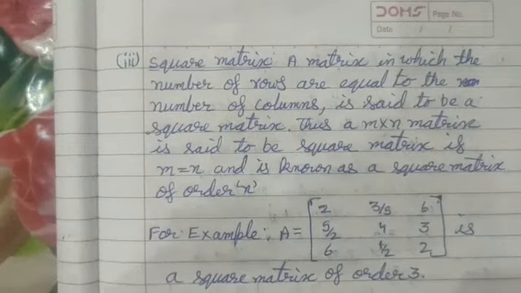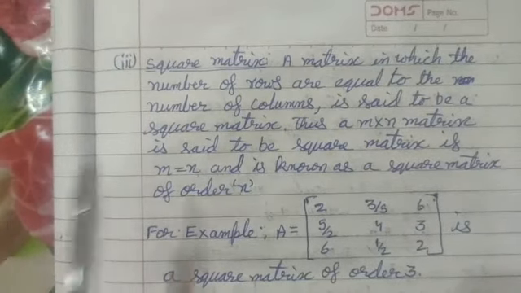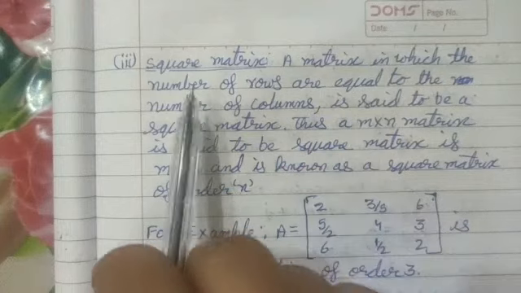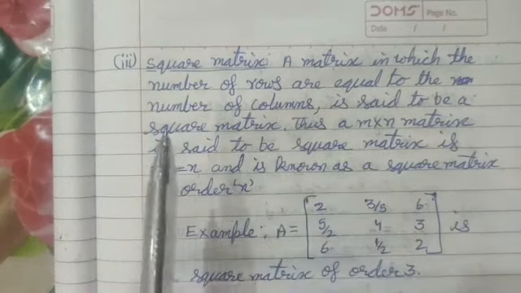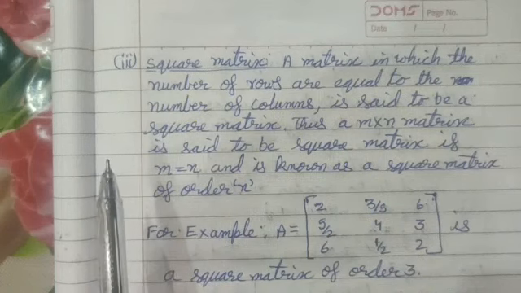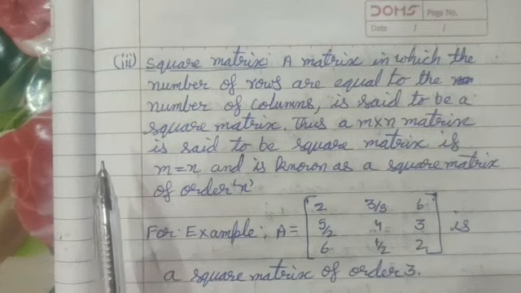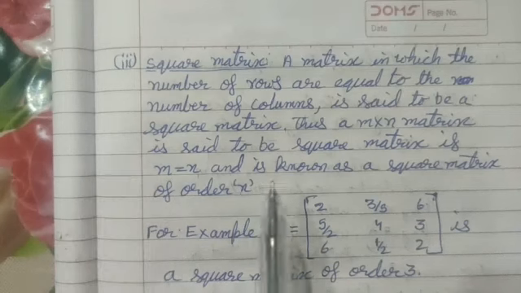Now the third type of matrix is square matrix. A square matrix is one in which the number of rows are equal to the number of columns. Now, if the number of rows and number of columns of a matrix are equal, then it is called a square matrix.